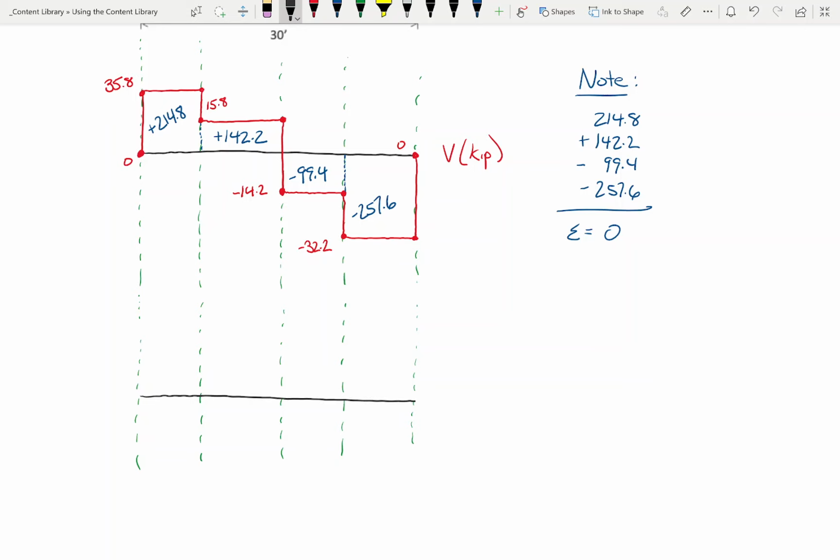Okay, so we strike a line, and that line just here is like our x-axis, right? So we're going to draw a moment diagram in foot kips. We handle this the same way that we do the shear diagram.